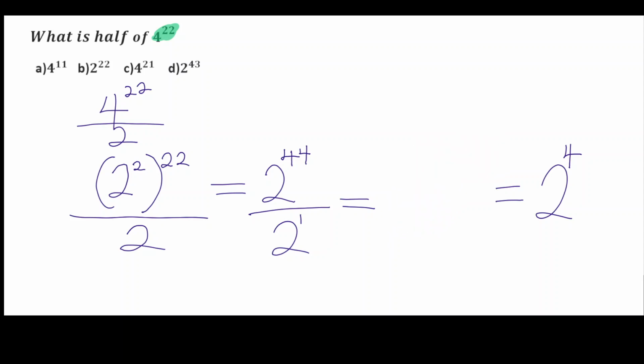We have 44, then minus 1, and 44 minus 1 is 43. So the final answer is 2 to the power of 43. So I'm going to go to the options and pick 2 to the power of 43, which is option D. And that's the correct answer.